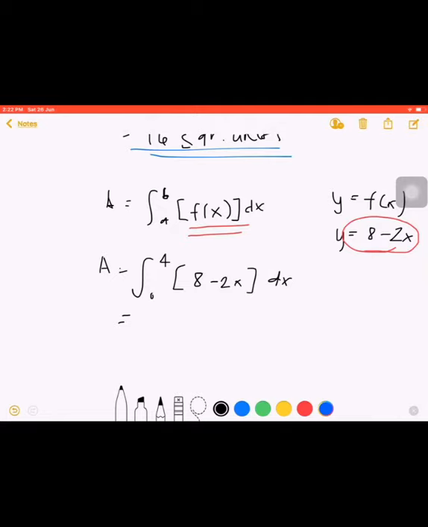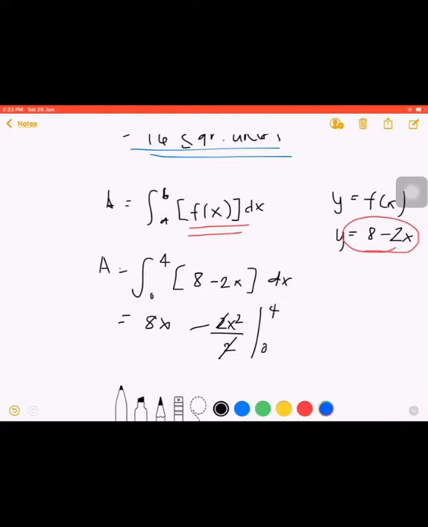The antiderivative of 8 is 8x, and the antiderivative of 2x is 2x squared over 2. We can cancel the 2, and evaluate it from 0 to 4.